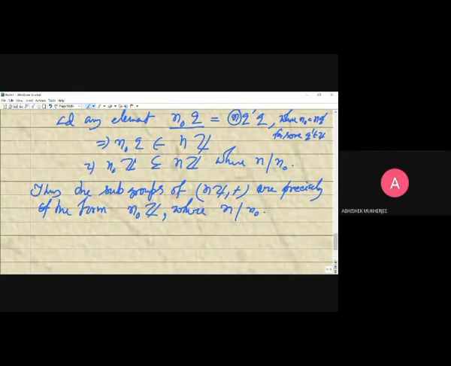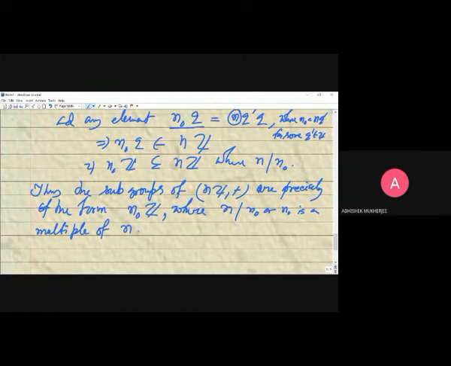Or you can say that n not is an integral multiple of n.